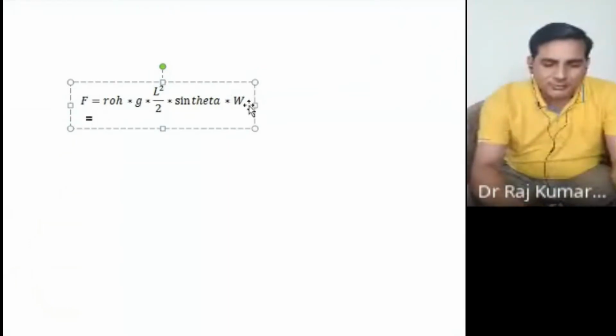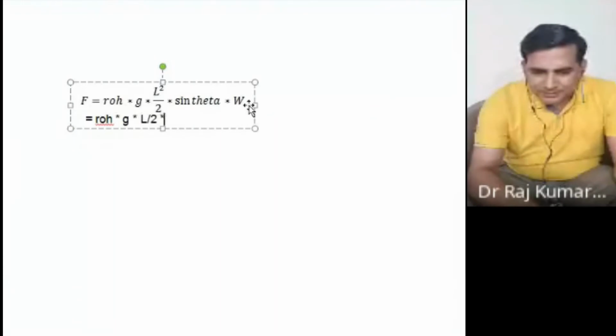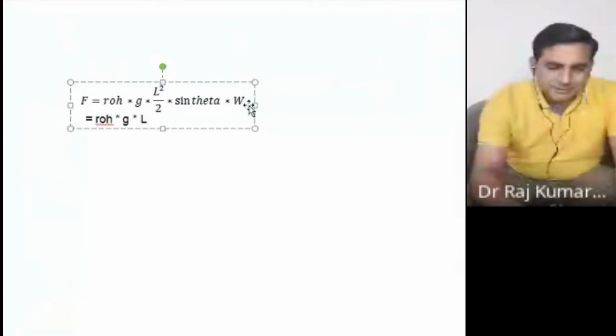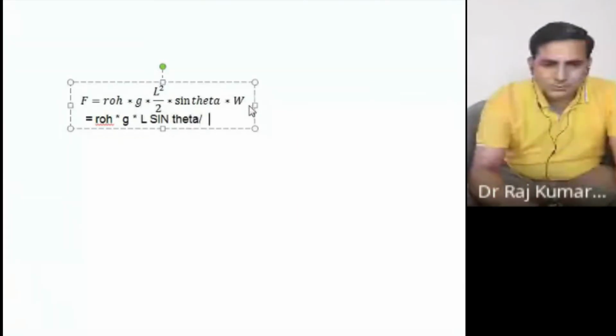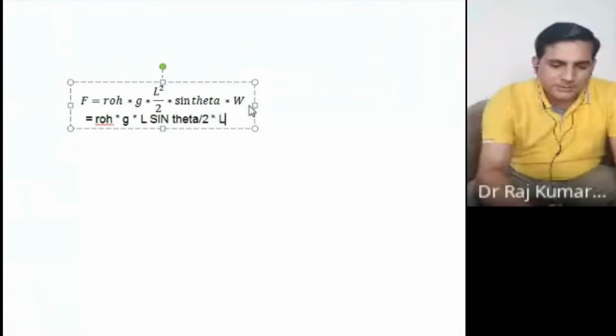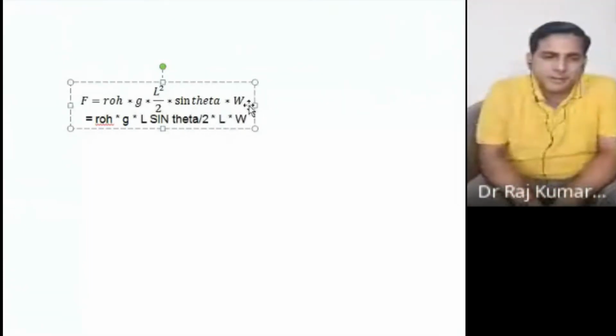Just rewrite it in the simple form: rho multiplied by G multiplied by, let's say, L by 2 and multiplied by, let's say, L sin theta divided by 2, and multiplied by L multiplied by W. Can we rewrite it in that form?